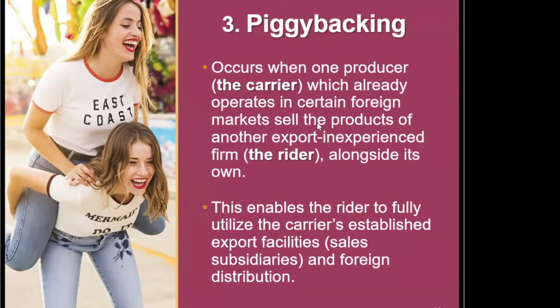And under the interaction approach, we talked about a specific kind of model. Which model was that? The network model, right? So here they are using the network of the carrier.